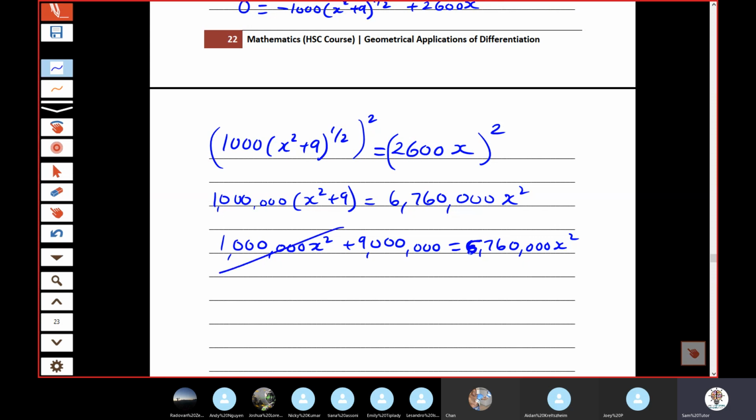I'm not going to rewrite this. That becomes 5,760,000. And I think you guys know what you're going to do. You're going to divide and then, so 9,000,000, yeah, square root, over 5,760, and then square root.